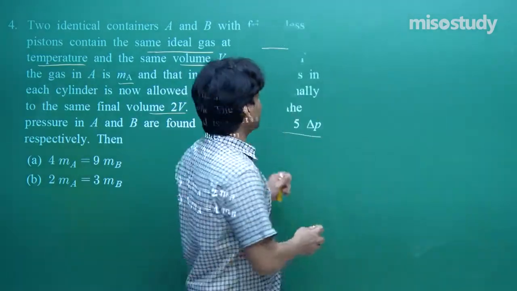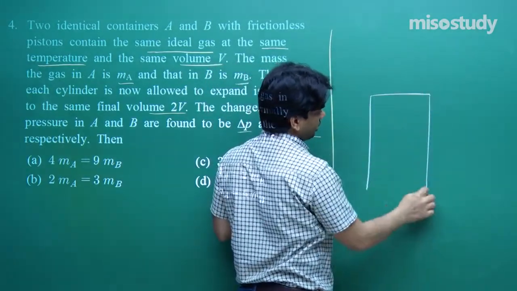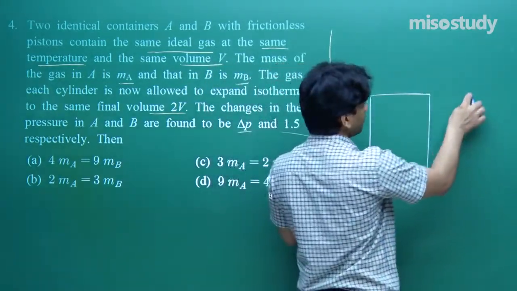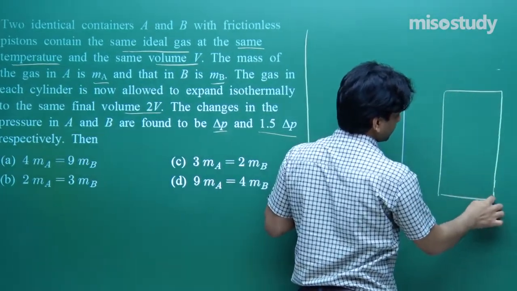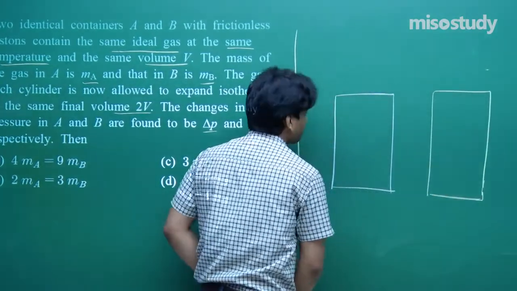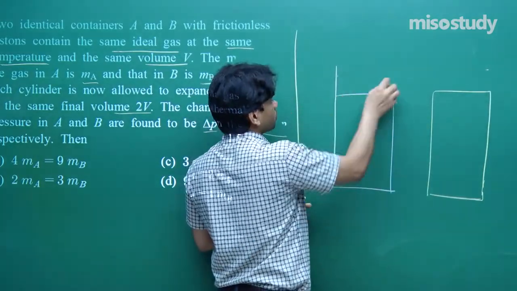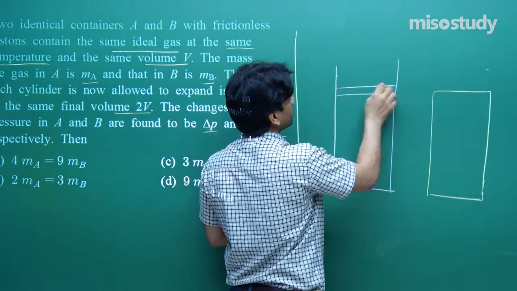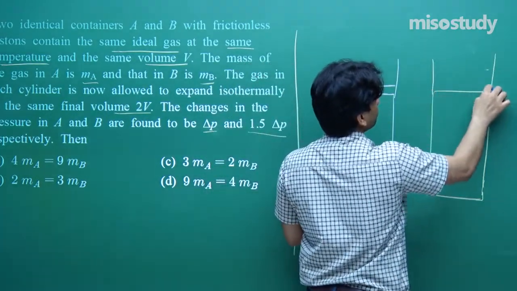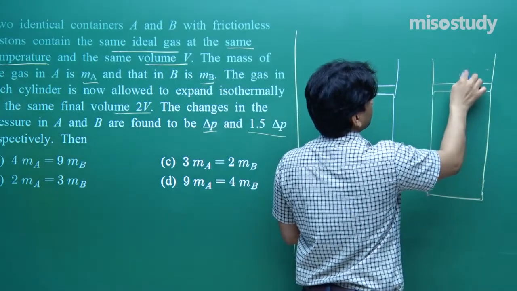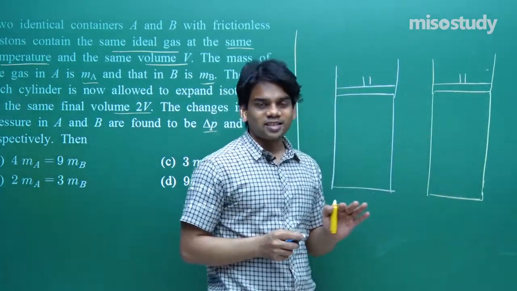So, if we take two containers as I show you here, container A and B, they are identical, same volume, with a piston. They also have a piston. So, let me just show you the piston part also. Now, see here, initial volume is V and temperature is same.